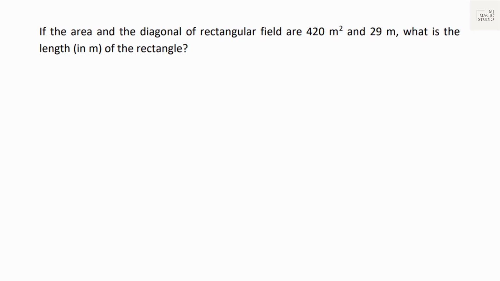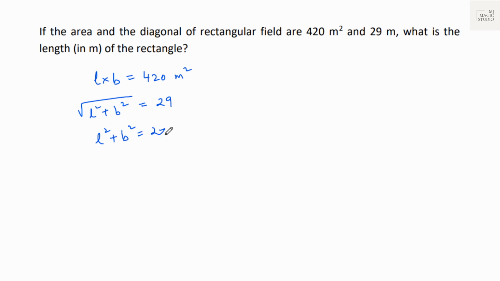Let's do a few questions from geometry and mensuration which are regularly asked in TCS Digital. Give this a try. If the area of a rectangular field is length into breadth, that is 420 meter square, and the diagonal is given by root over L square plus B square, that is given as 29.